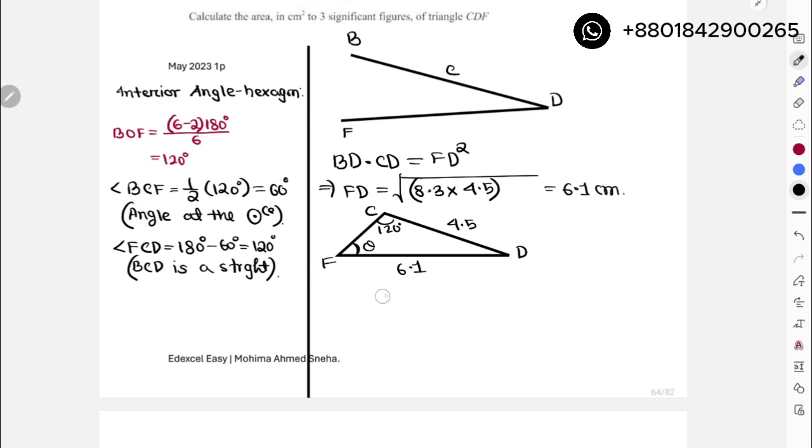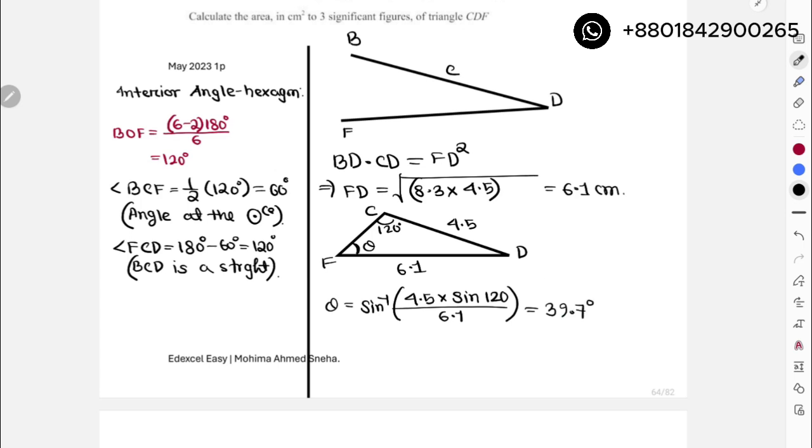Sine theta over 4.5, so theta is sine inverse of 4.5 sine 120 divided by 6.1, and that gives you the value 39.7 degrees.